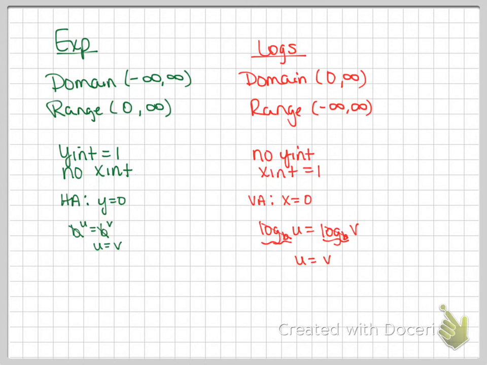Also, for exponentials, it said that if the base is greater than 1, then the function would be increasing. Sorry, that's a kind of messed up looking greater than symbol. So our function would be increasing. And if it's between 0 and 1, it was going to be decreasing.